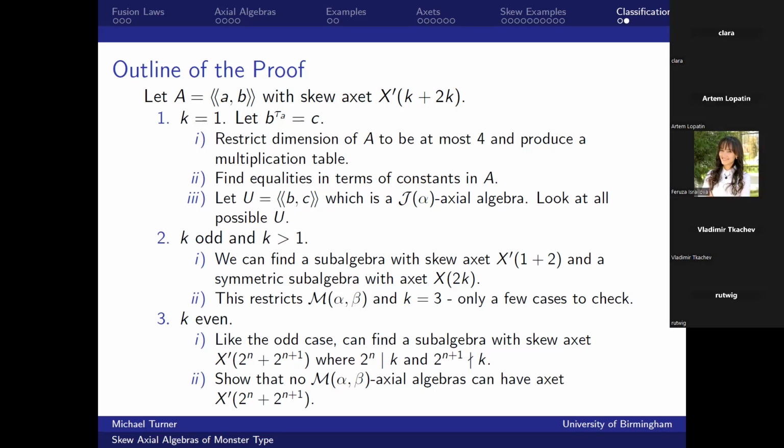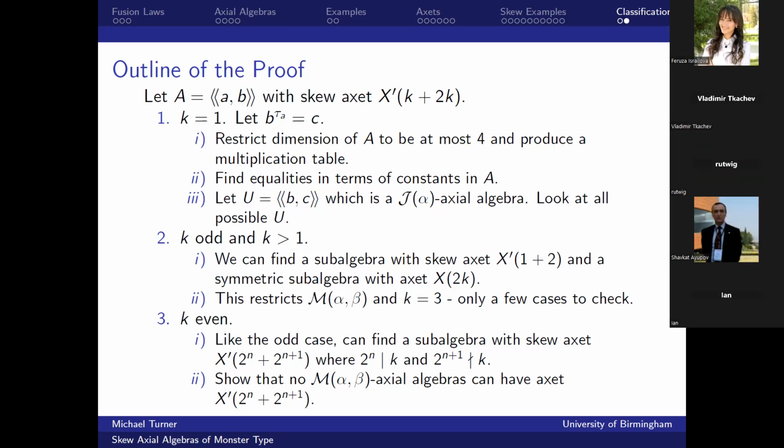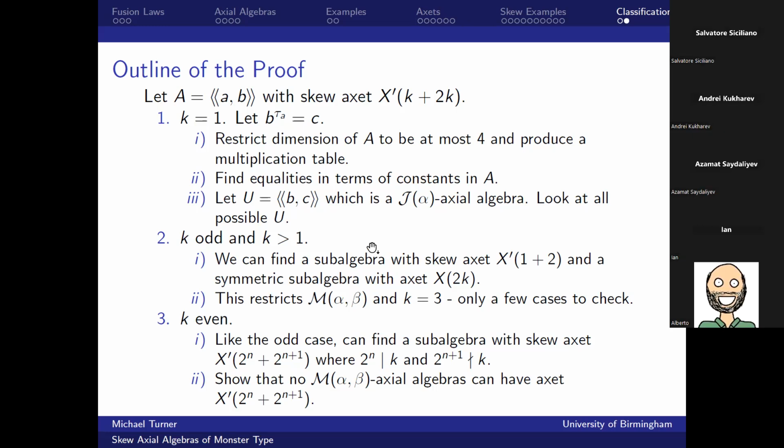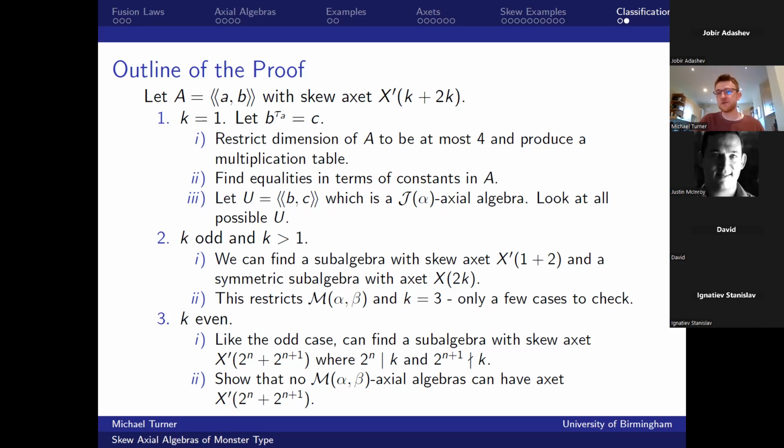The final bit, and the main part of it, was looking at U being equal to the 2-generated axial algebra of Jordan type alpha, and going through each possible U and seeing what happens and if anything pops up.